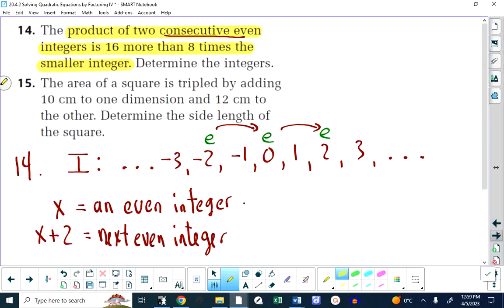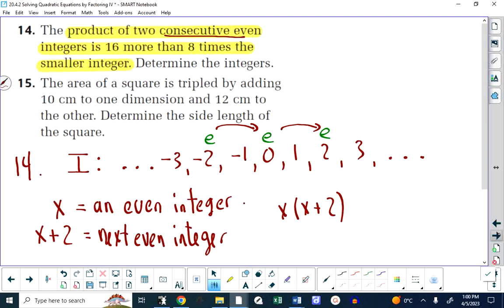It says the product, okay, the product is this. Product means multiply. Is, very important, I don't know if anybody's ever told you this, the word is in English means equals in math. If I say my age is 35, as well as lying to you, I'd be claiming my age equals 35.